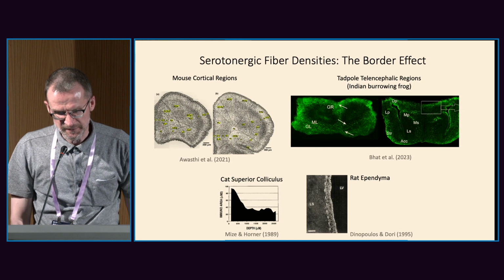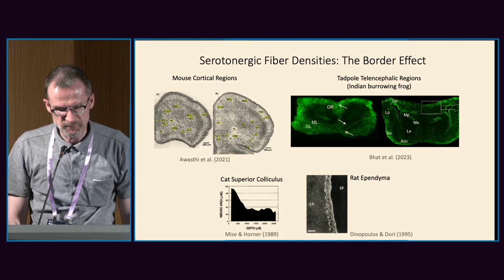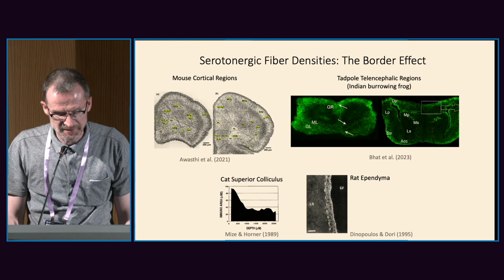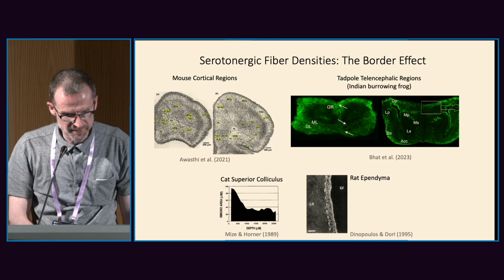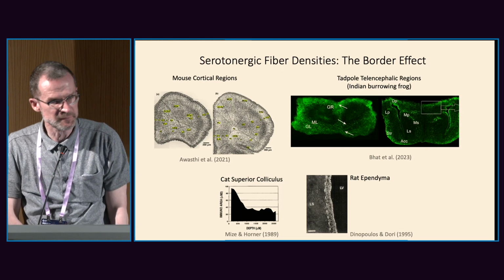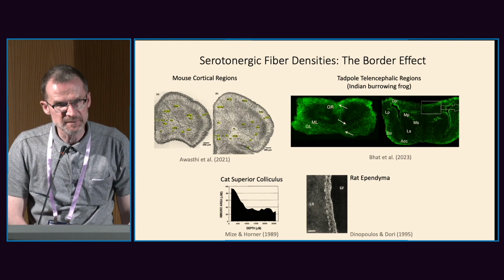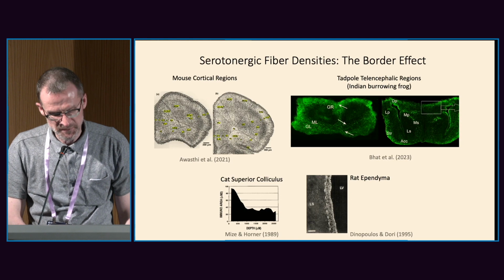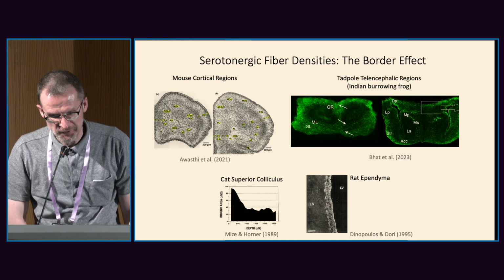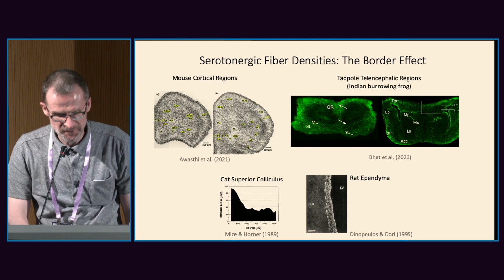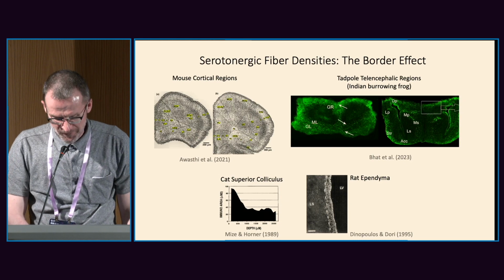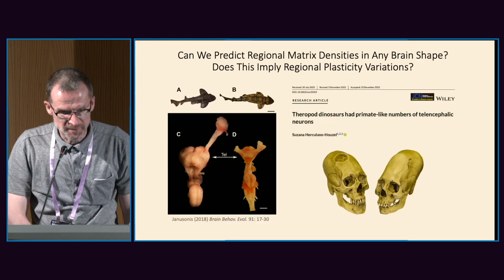It could be cortical layer 1. You can have a frog with its pallium and different architecture, you can have ependyma, you can have superior colliculus. They will accumulate at the surface. And so neuroanatomists may have misled themselves by paying too much attention to which neuroanatomical structure they're in. There's a very simple pattern which does not care what exact neuroanatomical structure this is.